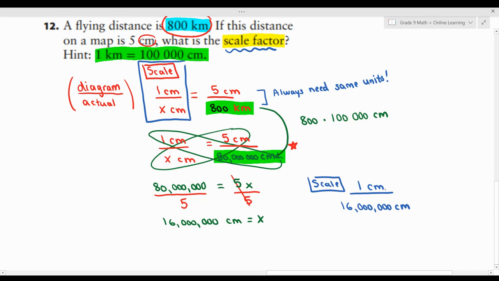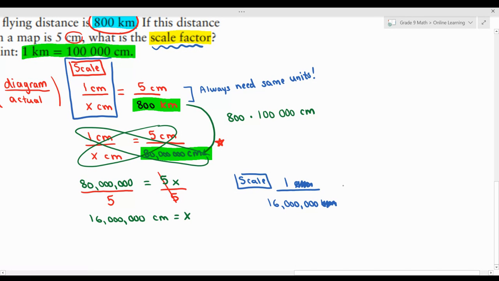Okay, but again, we don't have units for scale factor. So you could state the scale like that. You could also say it's 1 to 16 million. Okay, you could change this to a decimal, etc.